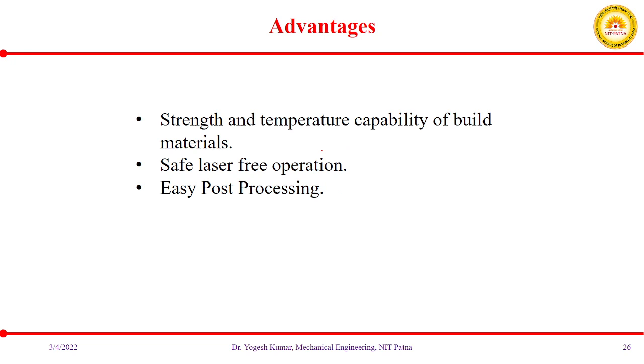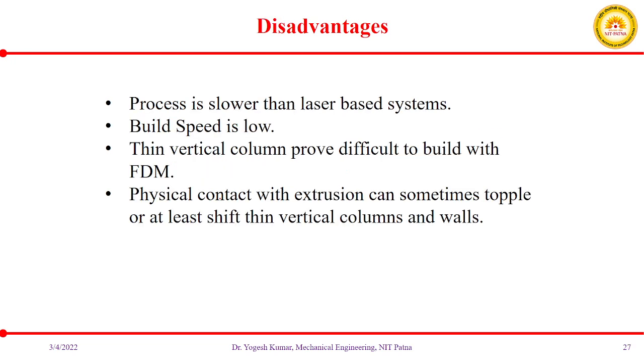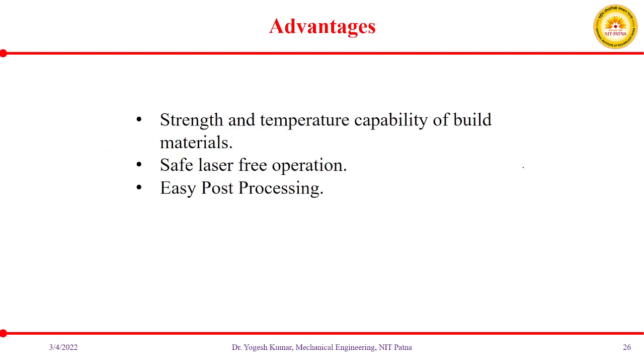There are a lot of advantages we could see in the material section, but a few specific ones are mentioned here, like strength and temperature capabilities of your build material, safe laser-free operation, and easy post processing of your printed part.